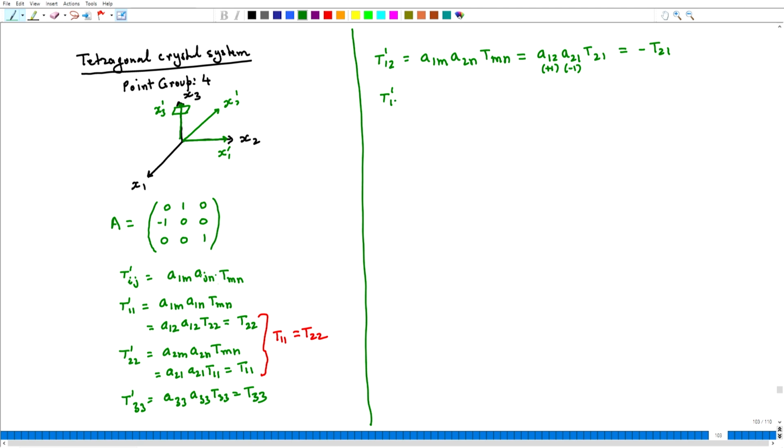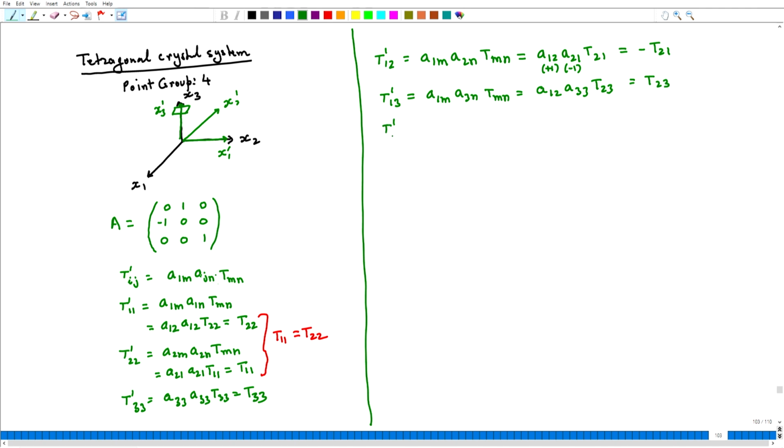T prime 13 is a1m a3n tmn, which is a12, a33, t23, this is equal to t23 because a12 and a33 are plus 1.